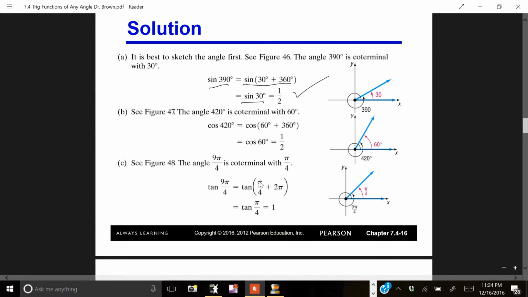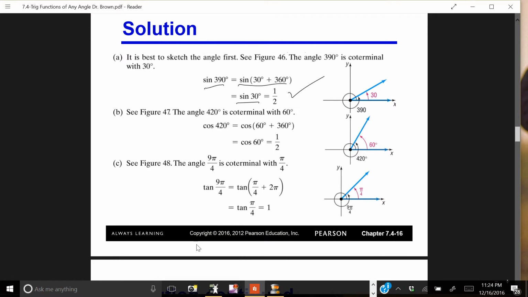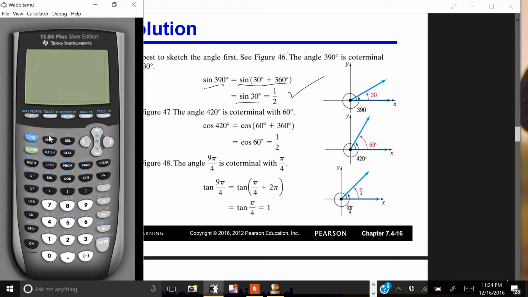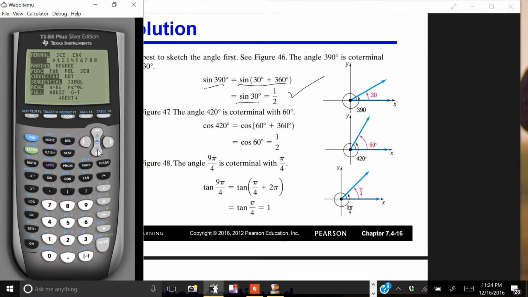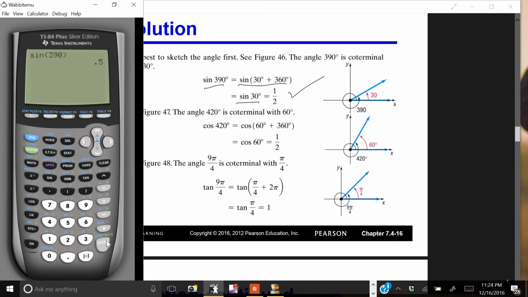Now I want you to notice that if we bring up the calculator and put it in degree mode, and then calculate sine of 390 degrees, we're going to get 1/2 without even drawing a reference angle.